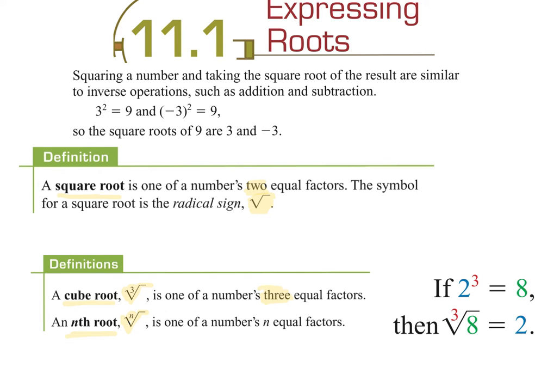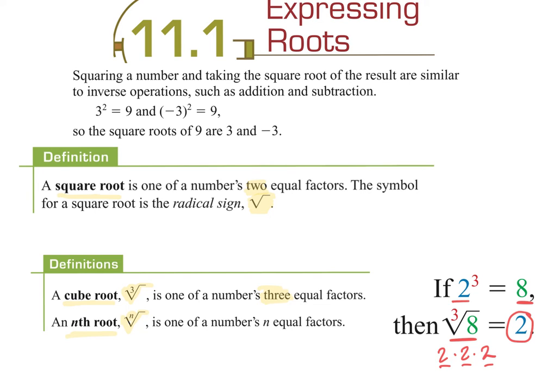They use the example 8. 2 cubed equals 8. So if I were looking for the cube root of 8, I would say, well, 2 times 2 times 2 equals 8. 1, 2, 3. 3 times is how many times it repeated. That is the root, and that's how you do all roots.